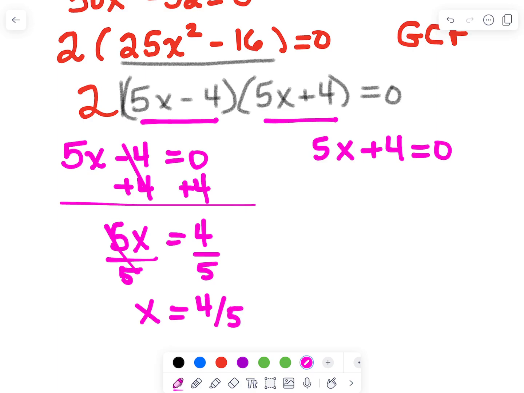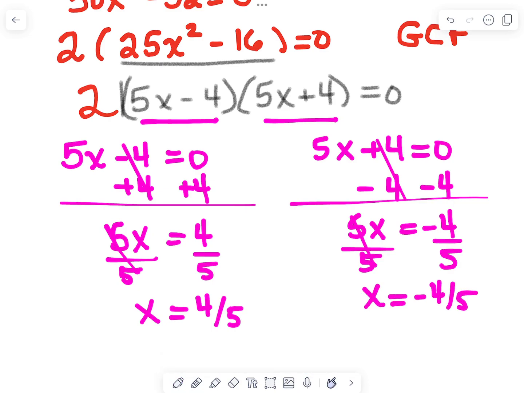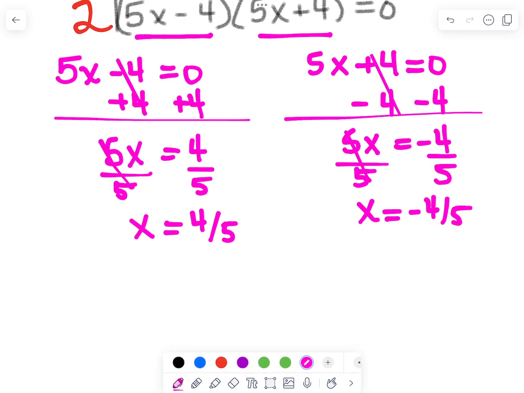Go to the second equation and solve it. So subtract 4 from both sides. And then divide both sides by 5. So x is negative 4/5. So our two solutions are negative 4/5 and positive 4/5.